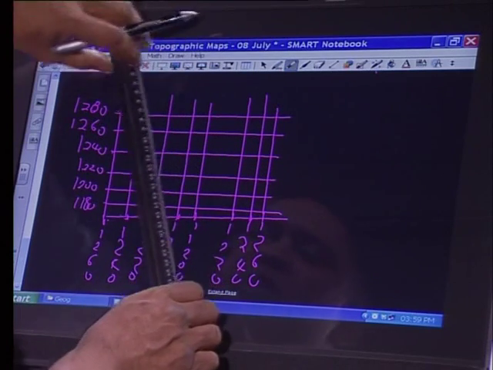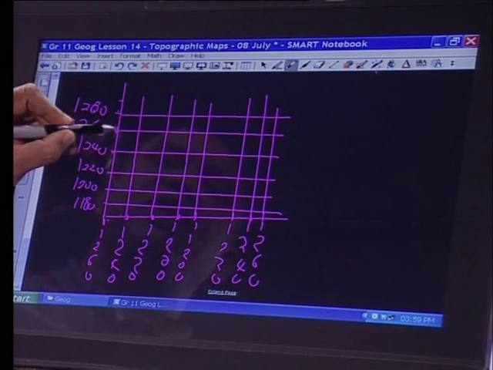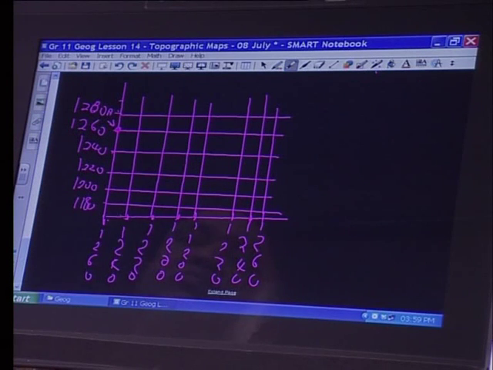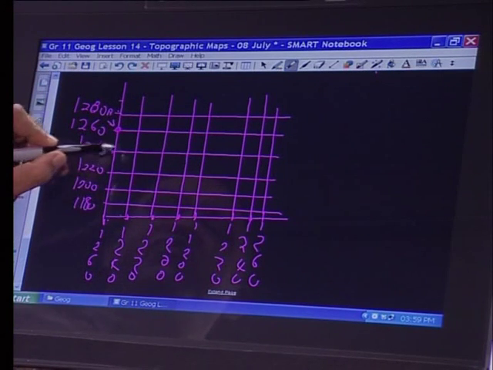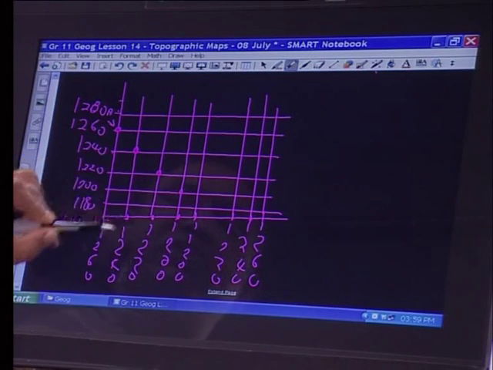All right. Okay, so now I start off with 1,260 must match 1,260, and that's my point A. 1,240 must match 1,240. 1,220 will match 1,220. 1,200 and 1,200 will match.